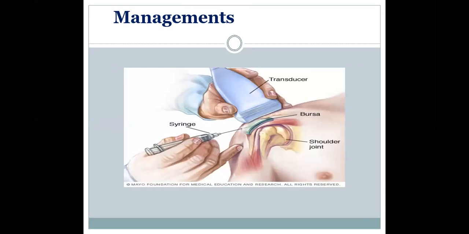The inflamed bursa is surgically drained, and the inflammation is reduced. This is done with the help of a syringe under ultrasound. Ultrasound को help ले चाहिँ respective area लाई identify गरेर चाहिँ with the help of syringe the management is performed.